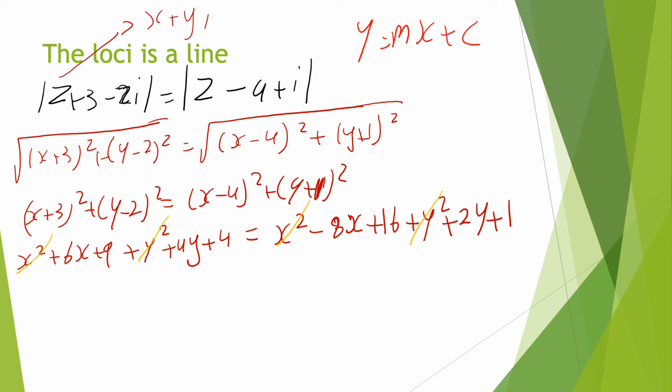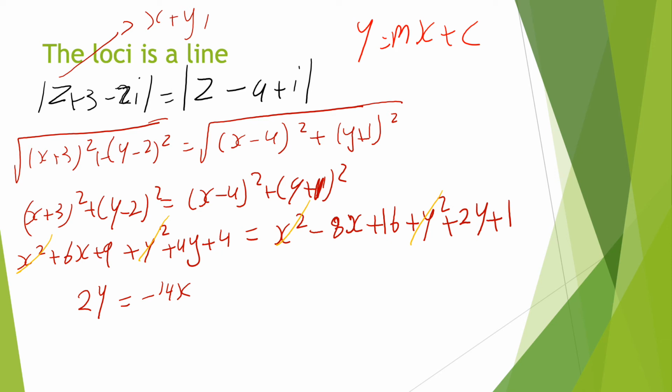So you can tell the gradient and the y-intercept. For this one here, you rearrange. We've got the y on this side, so we have 2y, 4y, that gives me 2y on this side, just moving that in here. And then I have negative 8x, and moving the 6x gives me negative 14x.